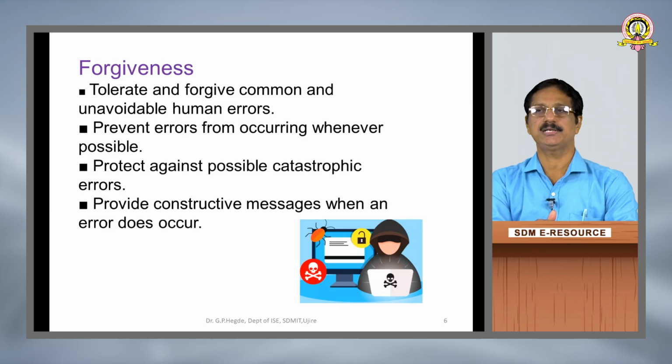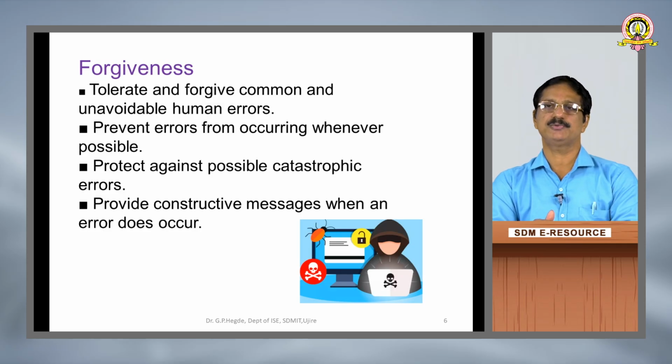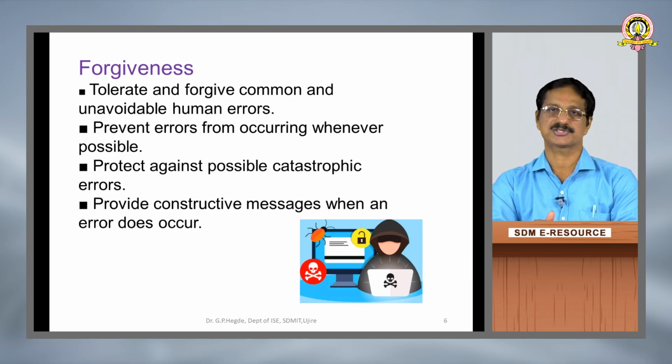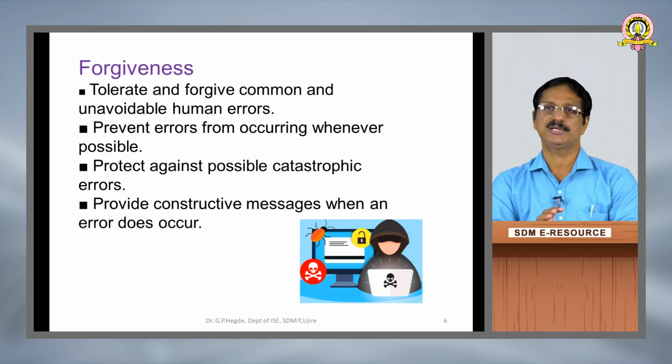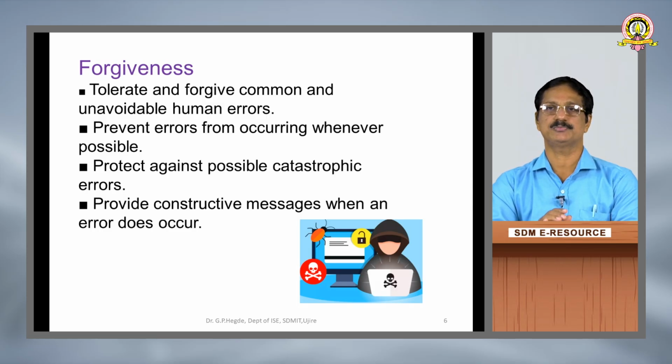Forgiveness. Ultimately, forgiveness is important, because we know that today there are a lot of malware and fraud that take place in the system. Users may damage the system. Tolerate and forgive common and unavoidable human errors. Some of the errors may be tolerable, because some errors cannot be avoided between user and system. Prevent some errors from occurring whenever possible.